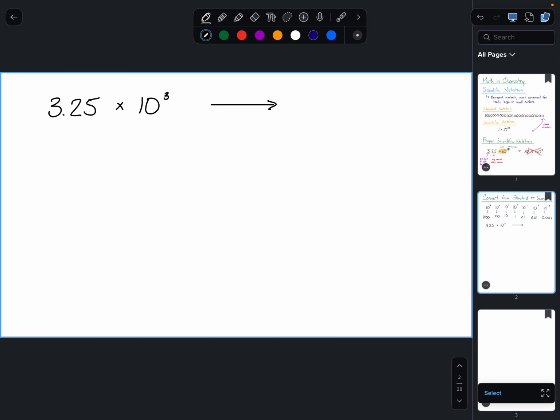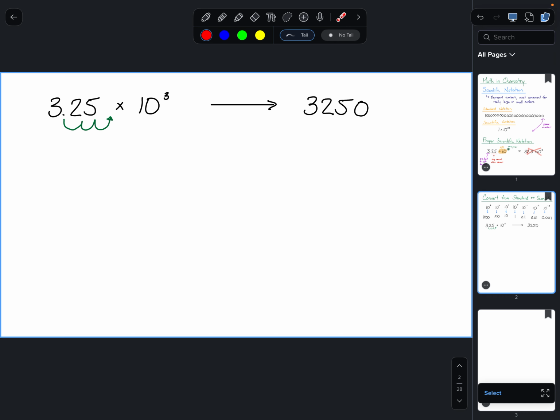What I'm going to do is move that decimal point a total of 3 times. How do I know it's 3? Because that's what my exponent is. This is telling you how many jumps you're going to make. We're going to move that decimal point 1, 2, 3 positions over. So this would give us 3,250. Notice I have to add in that 0 because I made this extra jump to the end of my number.